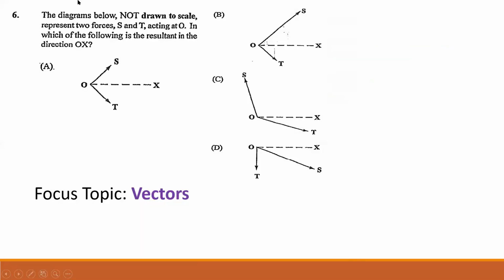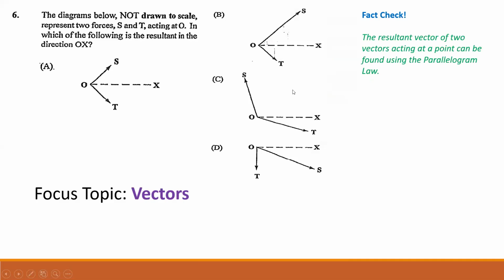Number 6, we have several diagrams which are not drawn to scale. With two forces S and T, they are acting at a point O, which diagram correctly shows the resultant OX. Now, if you are doing the actual question on a paper, you could draw a parallelogram to match the diagram and see which diagram is most suitable.